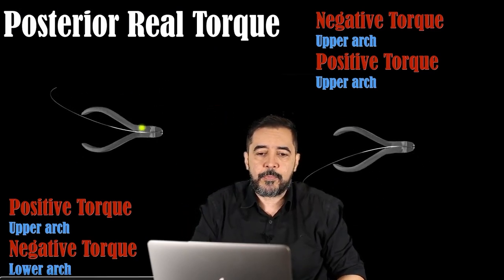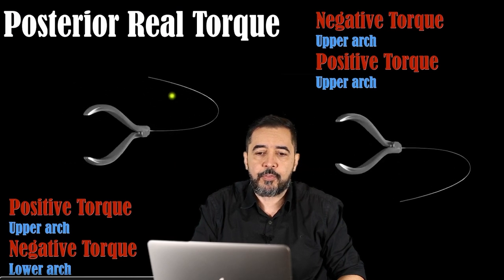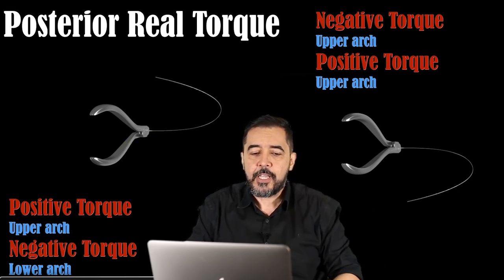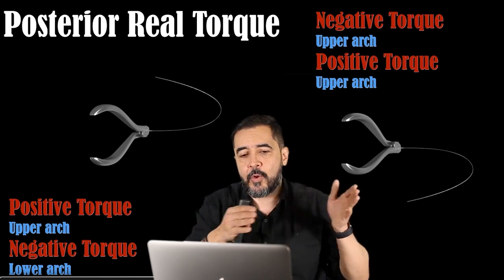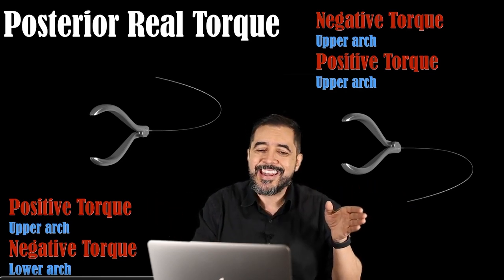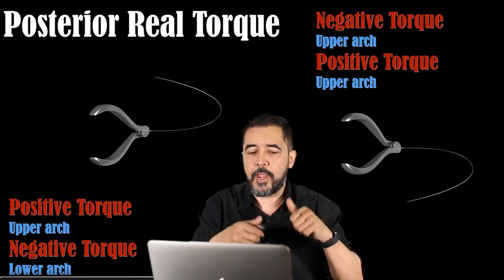When I grab the posterior segment of the arch wire and it goes up for the upper arch, it is considered a positive real torque. If I put it the same way in the lower arch, it will apply, in an average situation, a negative crown torque, okay?